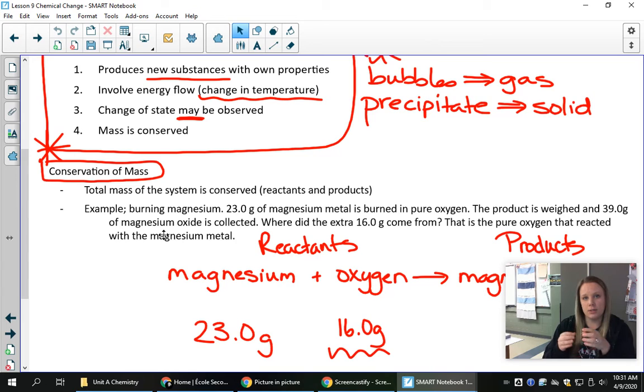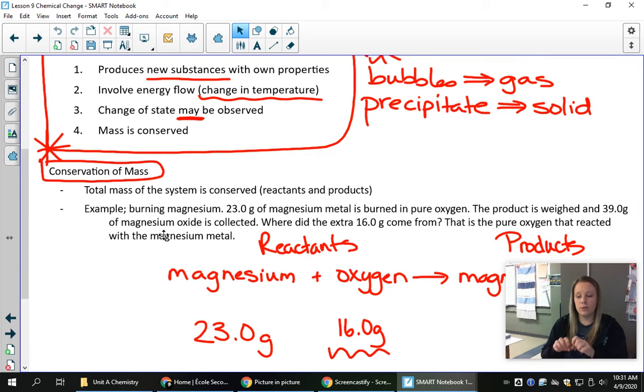So what I would do is take vinegar in an Erlenmeyer flask, the triangular one, and put some baking soda in a balloon. I'm going to hook the balloon on top and flip the balloon up so the baking soda falls down. The chemical reaction will happen, and since we know the bubbles are producing gas, the balloon is going to blow up. I do all of this for you in the chem lab on a scale or a balance so we can see what the mass is the entire time.